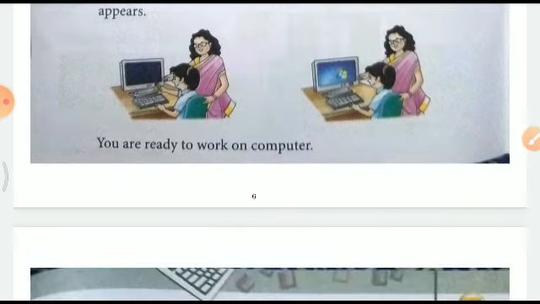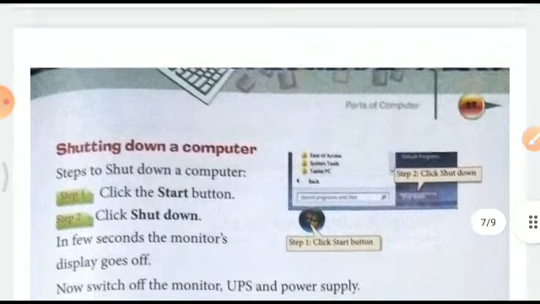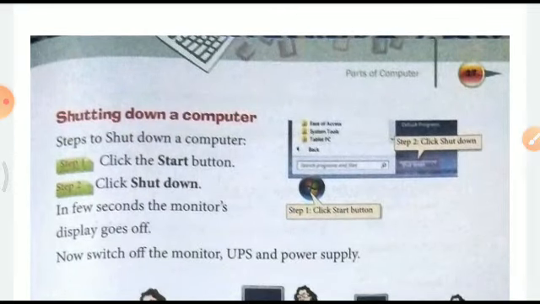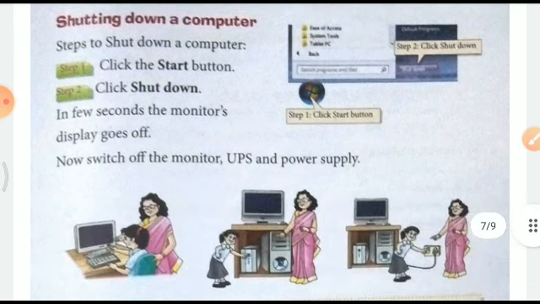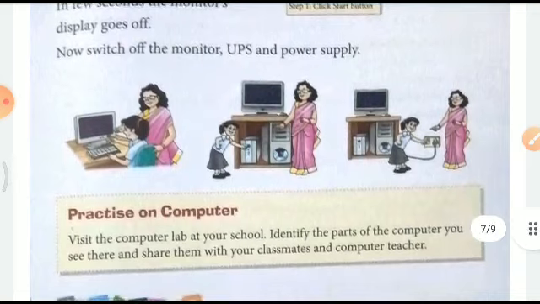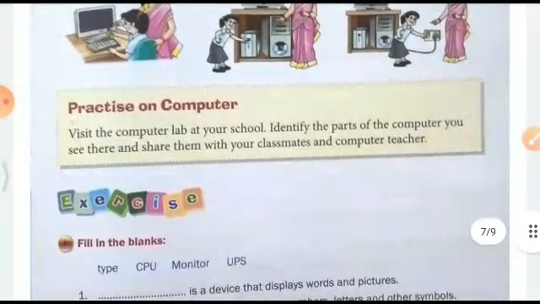So we are ready to work on the computer. Now how do we shut down the computer? Steps to shut down a computer: click the start button, click shut down. For a few seconds the monitor display goes off. Now switch off the monitor, UPS and power supply in the same way, right? We can practice this on the computer.